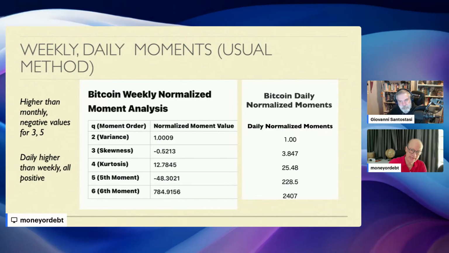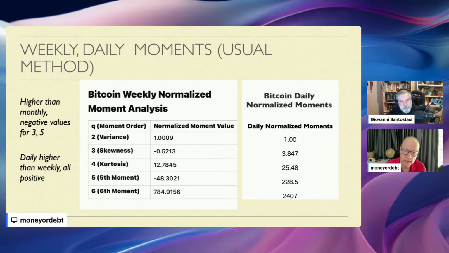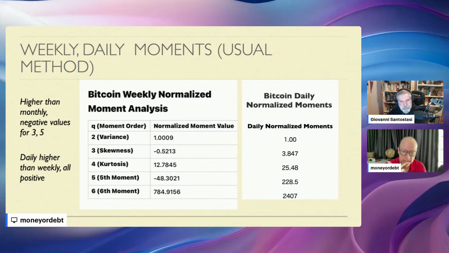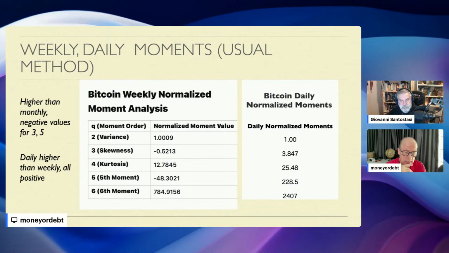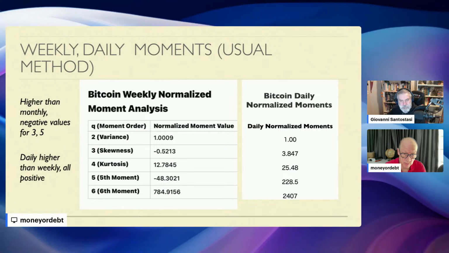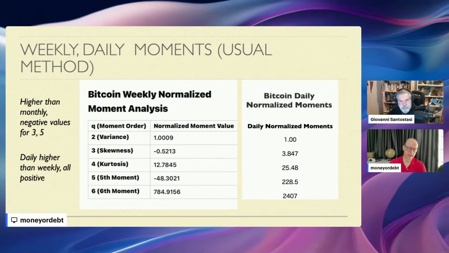But if we go over to the daily, the skew is positive 3.8, and that's good. And the kurtosis is 25.5, and that's less good. But these are not power law detrended. And if you go up to the 6 moments, then those get very, very high, 2,400 in the case of the daily.